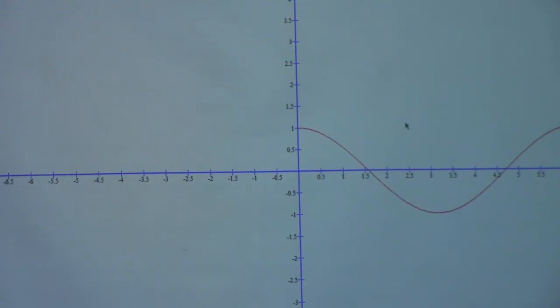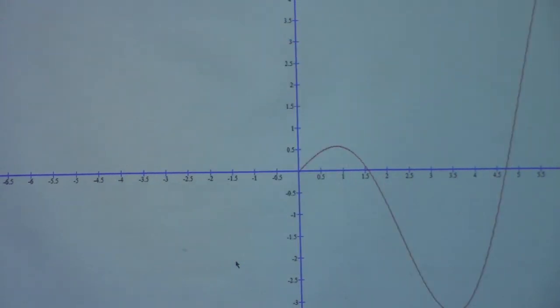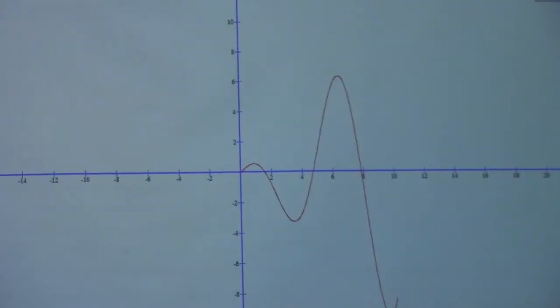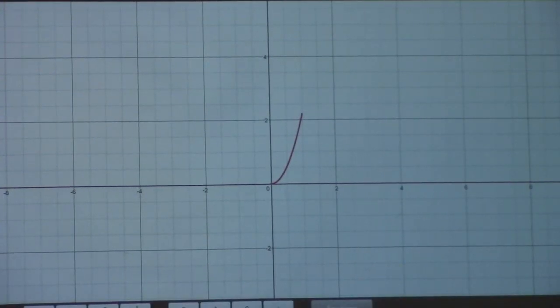I think you know what it was, right? But we could easily do other things, like what happens when you look at t times cosine t. Ooh, that's more funky looking. So there's that one. The other thing I like to use is Desmos, which is handy, and you can do all kinds of fun stuff.